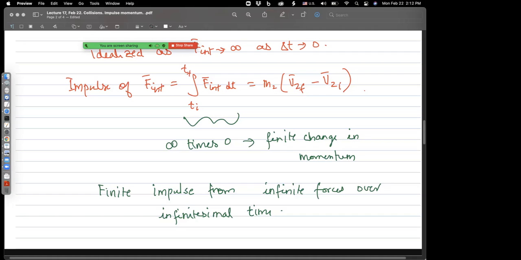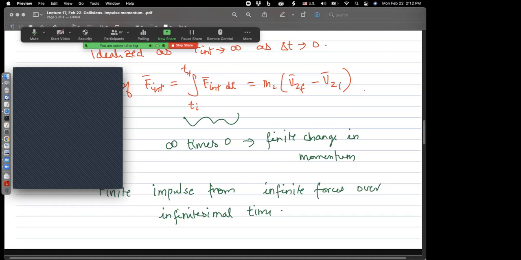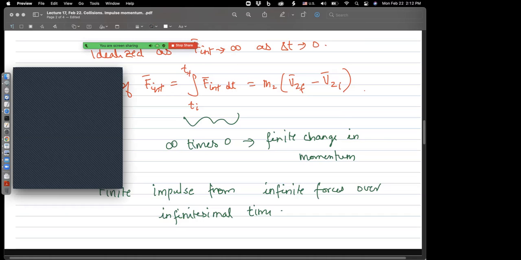Any questions? I guess let's see if there's a question. Yes, so it's a very large force in a very short amount of time that gives a finite impulse. Or in the limit, it gives you infinite force over an infinitesimal time, gives this finite impulse. That's right.